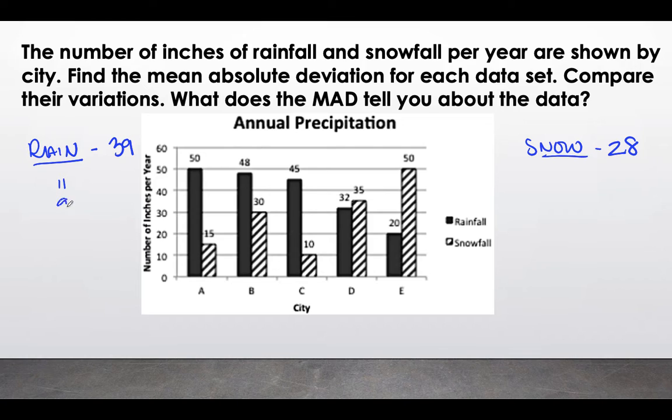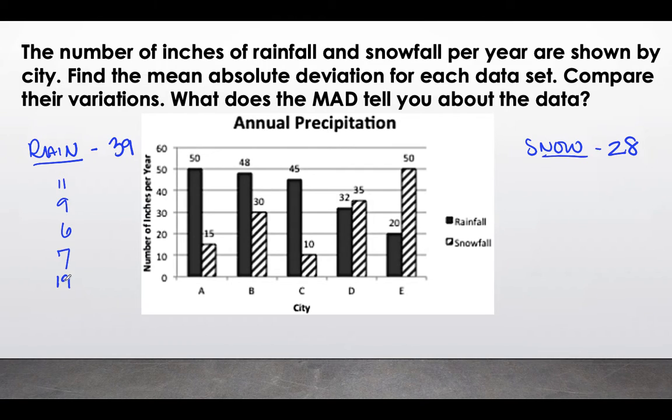That is 9 inches from our mean. 45 is 6 inches from our mean of 39. 32 is 7 inches from our mean. And 20 is 19 away from our mean.